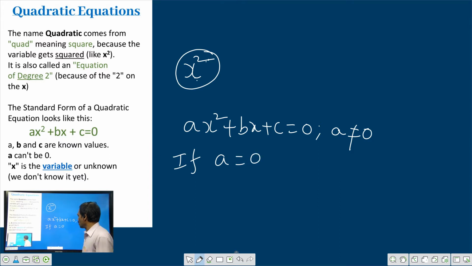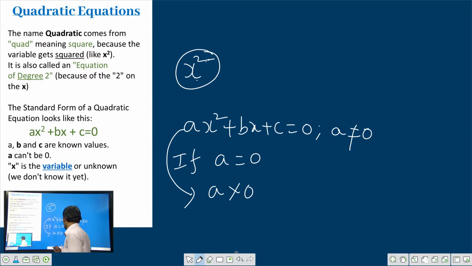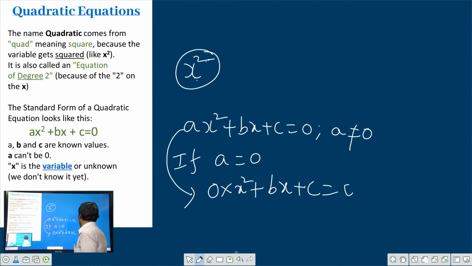Then we get 0 into x square plus bx plus c equal to 0.